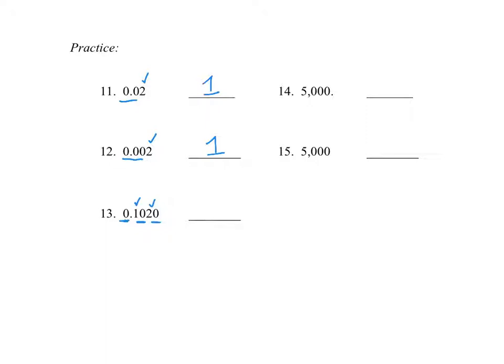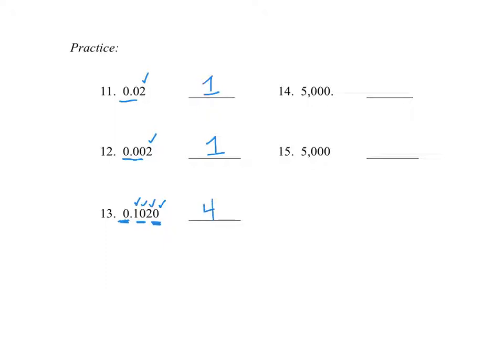So this trapped 0 definitely counts. Make a little tally. We have a 0 to the left, which never counts. Zeros to the left never count. Zeros to the right only count if there's a decimal. Well, there's a decimal right here, so that 0 to the right does count. So there we have 4 sig figs.